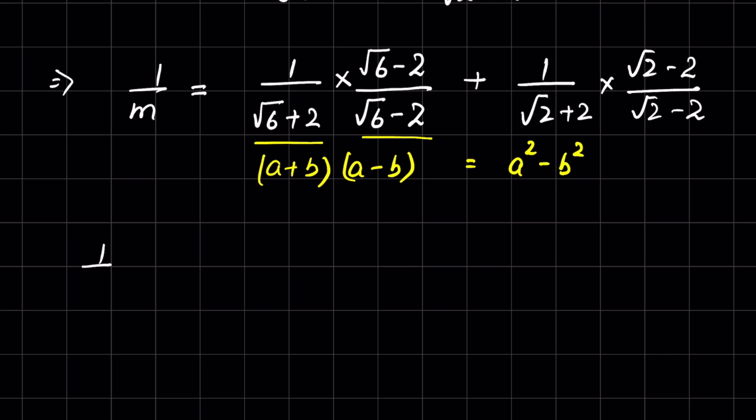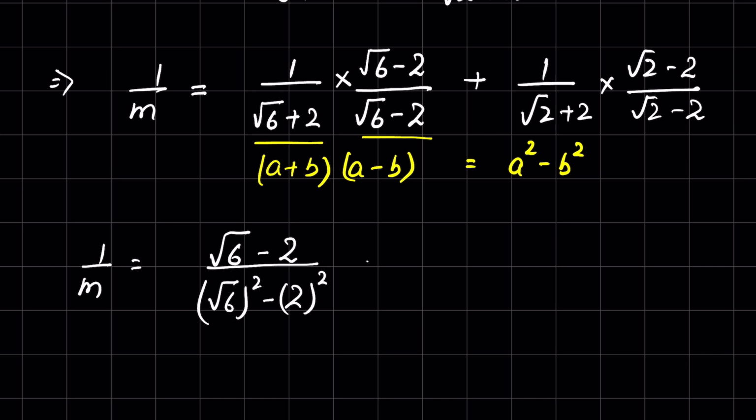So 1 upon m is equal to square root of 6 minus 2 upon square root of 6 square minus 2 square, plus square root of 2 minus 2 upon, this is also in the form of difference of squares, so square root of 2 square minus 2 square.